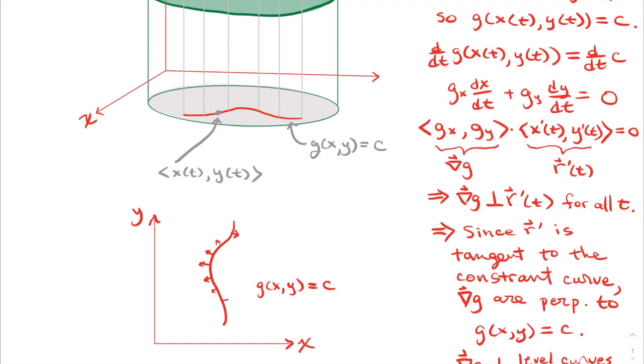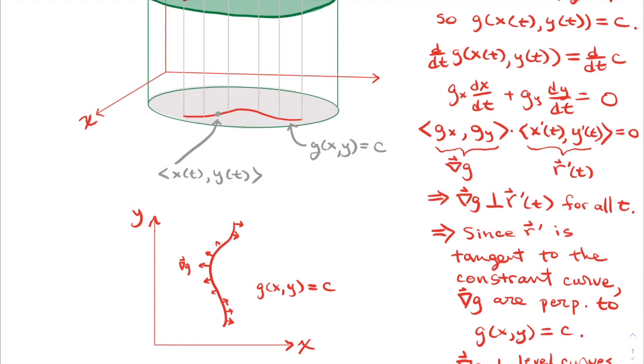I'm imagining which side they're on, and of course that would depend on the function. Okay, so each one of these is a little gradient of g depending on the point. But they're all perpendicular to that curve.